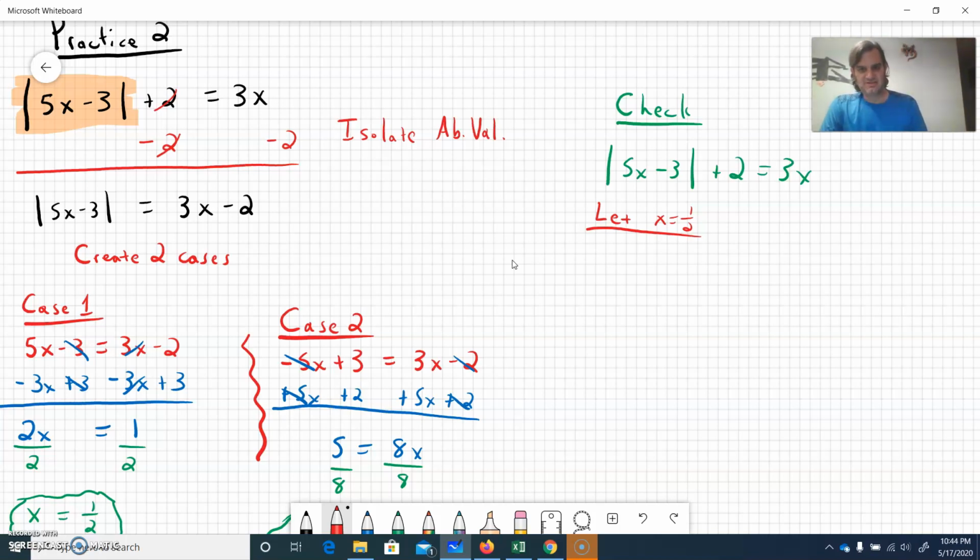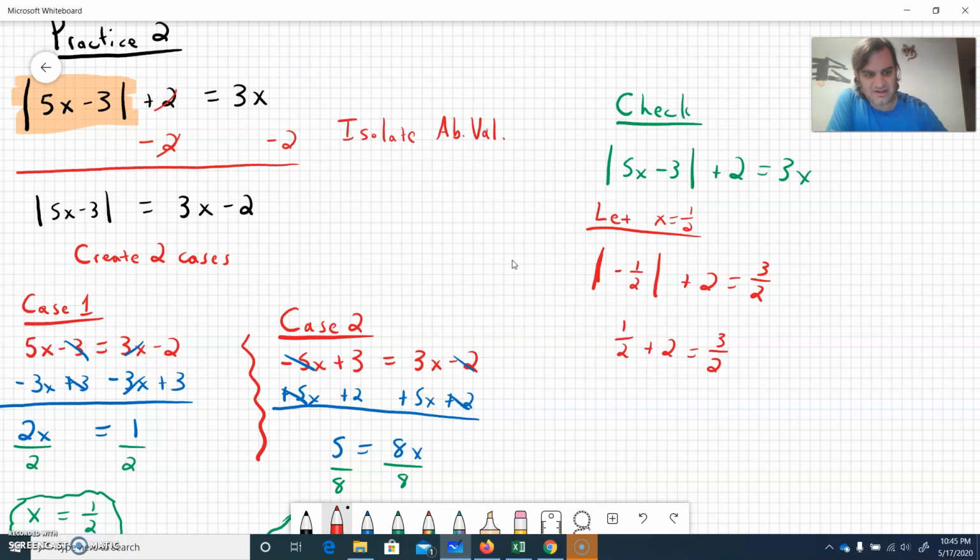So if I plug in 1/2, I get an absolute value of, I believe, negative 1/2. I get 5/2 minus 3, yes. Then I'll have plus 2 equals 3/2. So absolute value of negative 1/2 is positive 1/2. So plus 2 equals 3/2. So this is not working out.